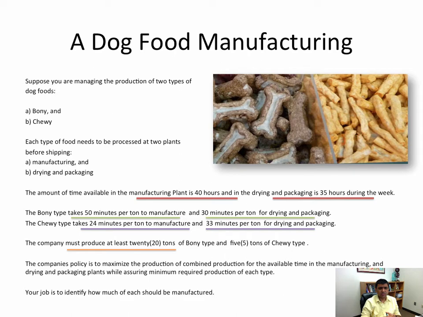Minimum constraints were that the company has to produce 20 tons of bony type and 5 tons of chewy type. The question that was given to us was that we have to maximize the production given the limits on the manufacturing plant and the packaging plant's capability.